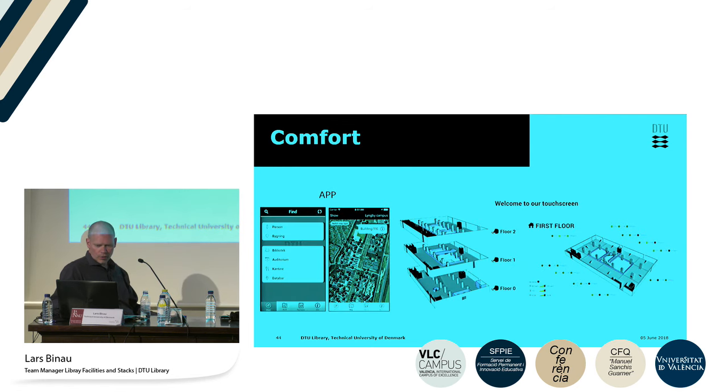So we have decided to start creating an app that can bring some of these new services into use. To start out with, we have put up 12 touchscreens in the library, so students can walk into the library and see the current status in the 27 zones and maybe find their comfort level that way.